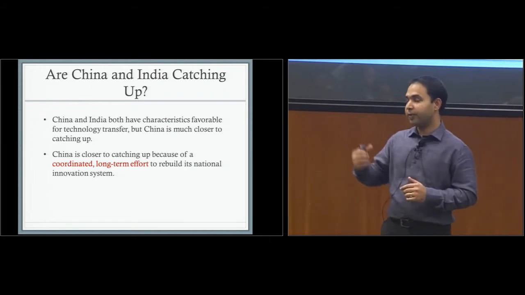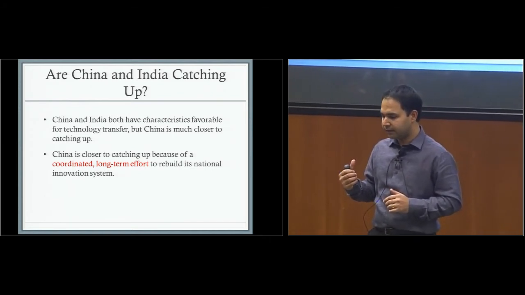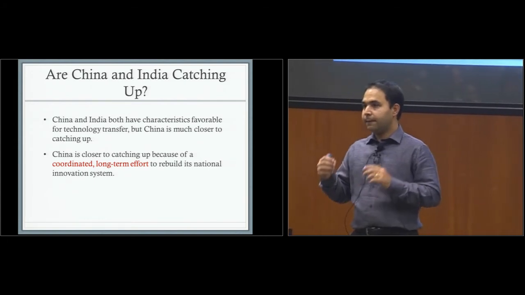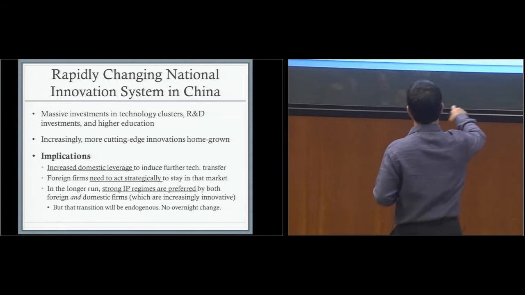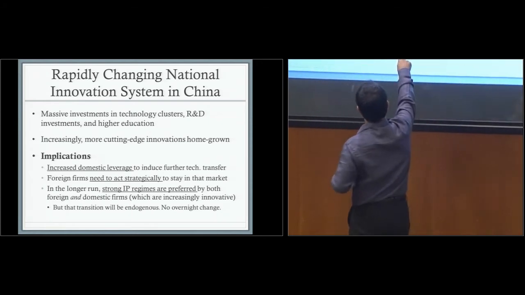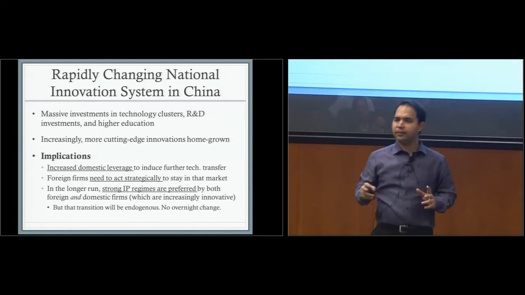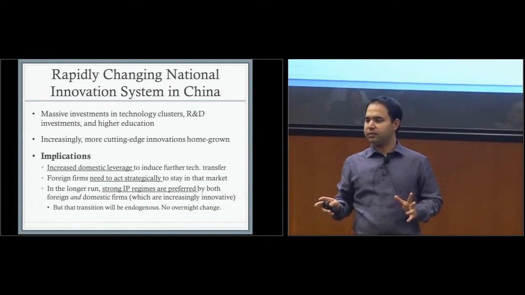What we also say in the paper, something we did not discuss today, is this last bullet here, which is that in the long run, strong IP is preferred by everybody, right?